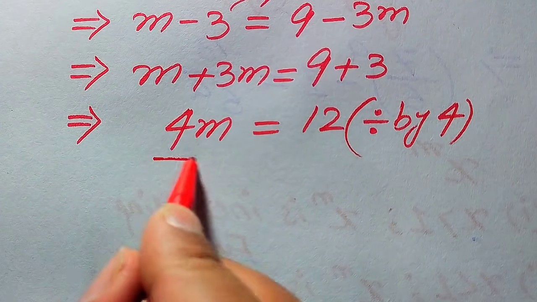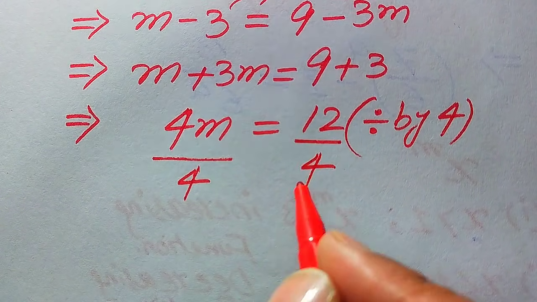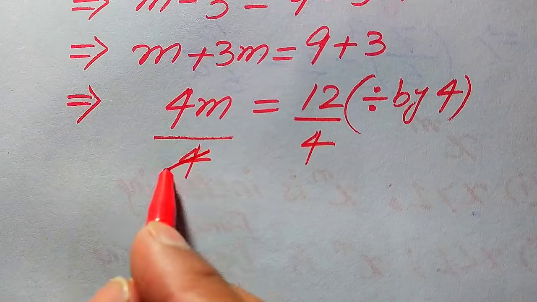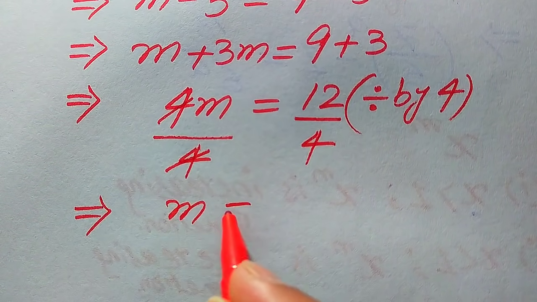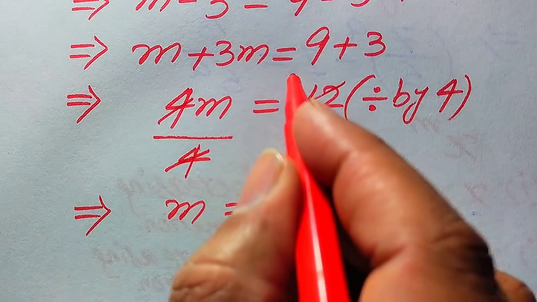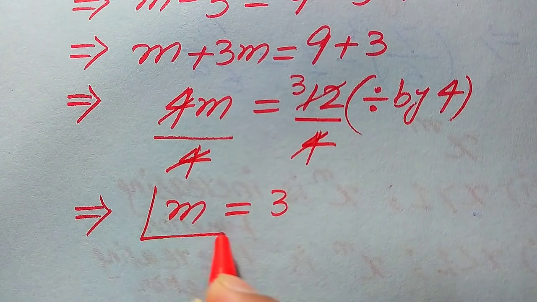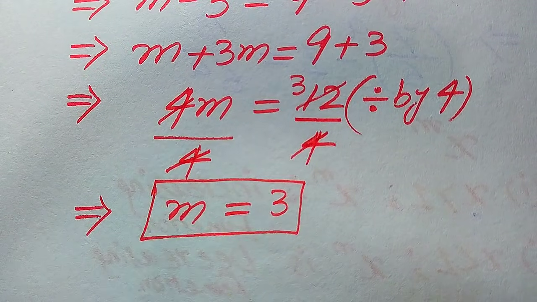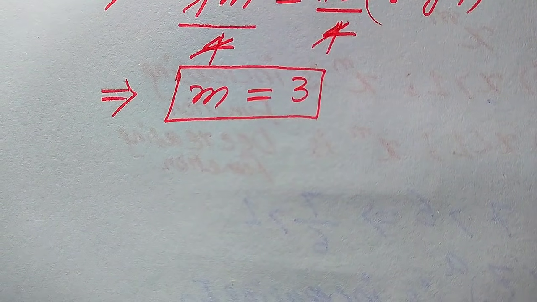So 4m divided by 4 equals 12 divided by 4. This 4 and this 4 cancel out each other, and we obtain m equals 12 divided by 4, and we easily get the value m equals 3. This is the only value of m which we get in this method.